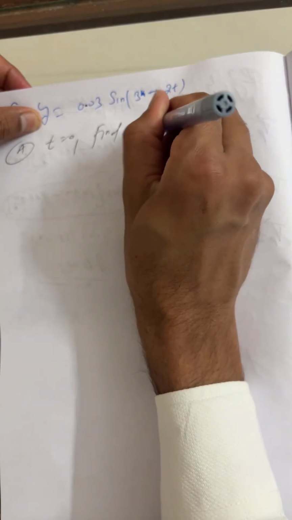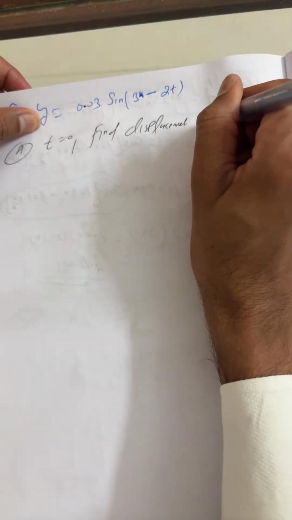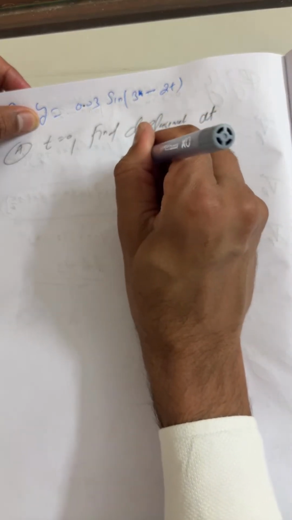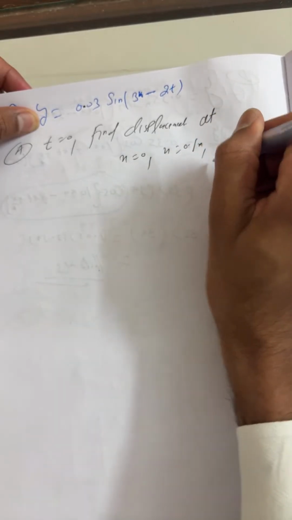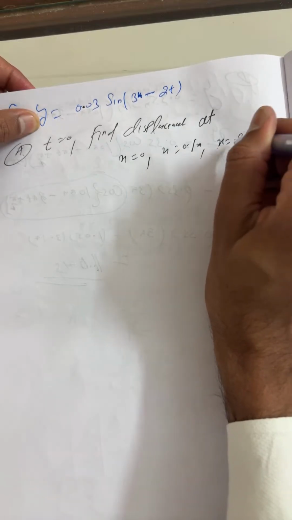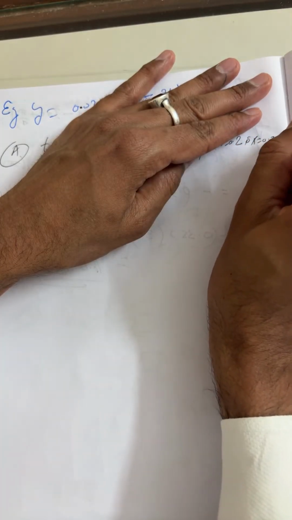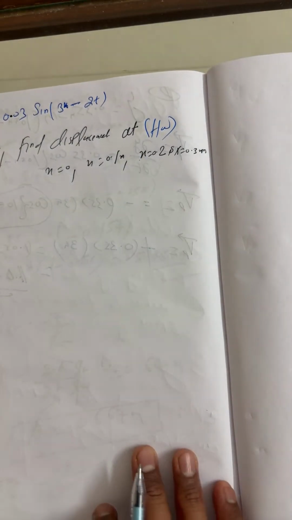Find displacement at x equals 0.1 meter, x equals 0.2, and lastly x equals 0.3 meter. That's it. This is your homework, students. You can do it at home.